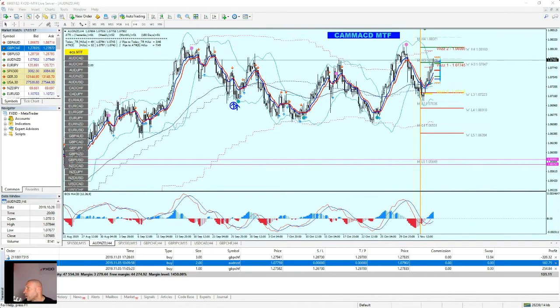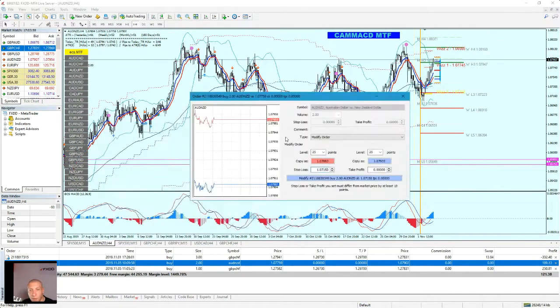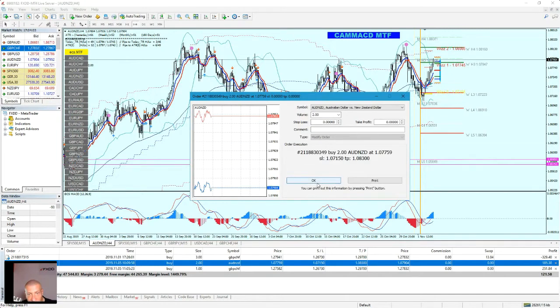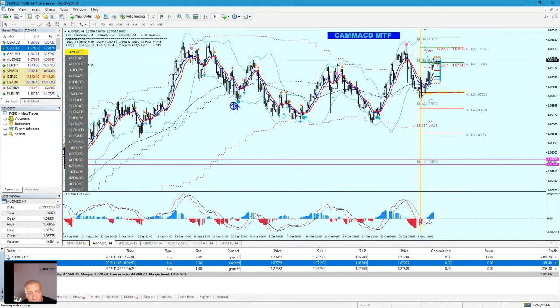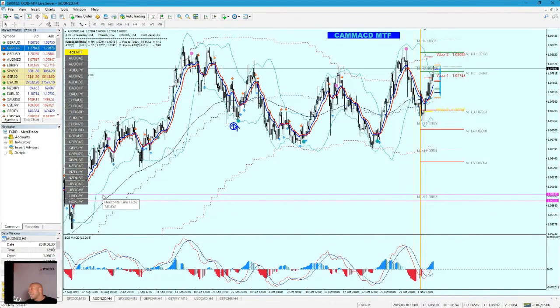So I'm writing it here. Live trades running. We are trying to make some profits, guys. So GBPUSD long, Australian dollar New Zealand long, 3 positions actually, because I scaled in on the GBPUSD.